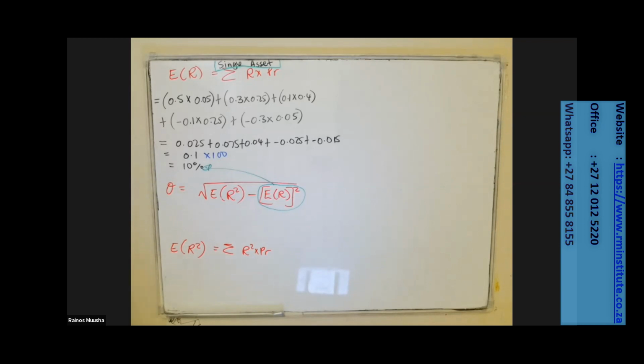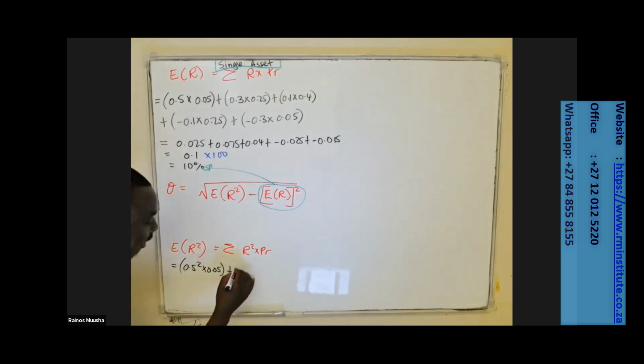In our case, for the first scenario, the return was 50% and the probability of that happening was 0.05, so it's 0.5 squared multiplied by 0.05. That's the first scenario. Remember, we're going to be adding up these different scenarios.